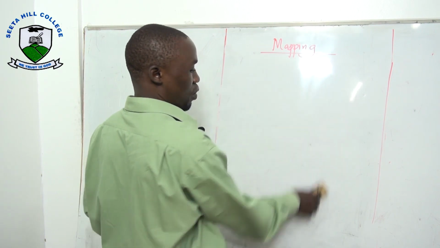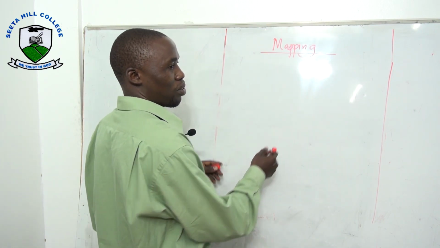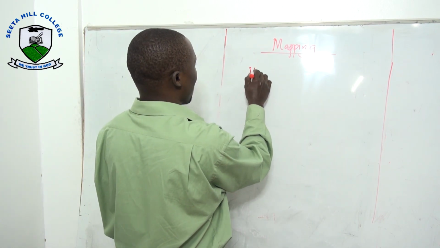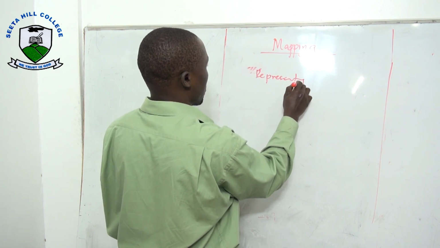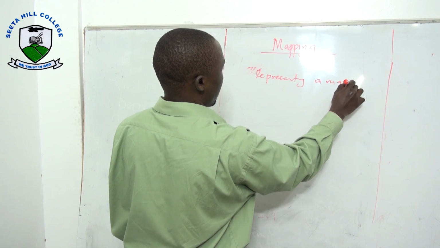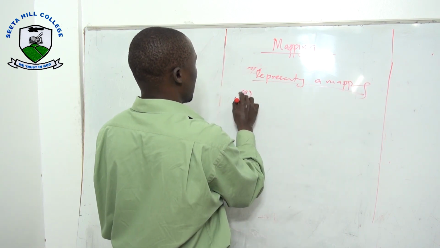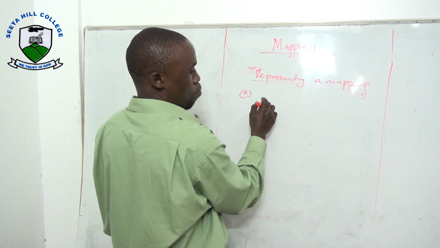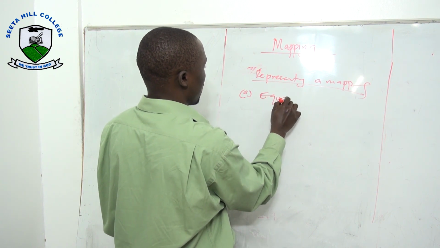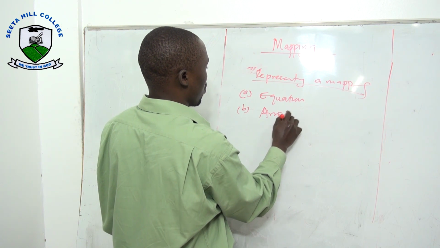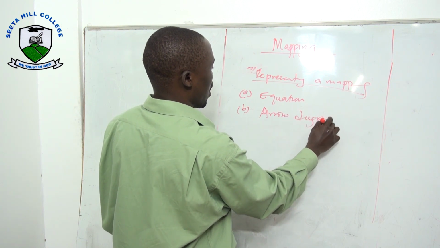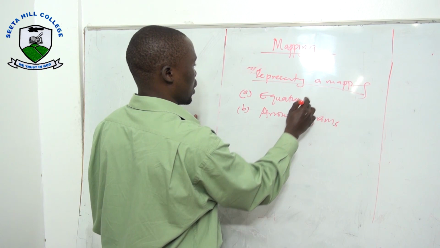What can you map in real life? Representing a mapping, we can use an equation, and we can use arrow diagrams.